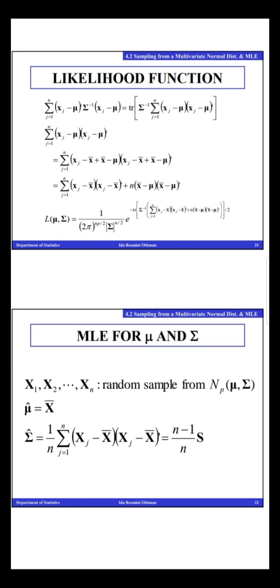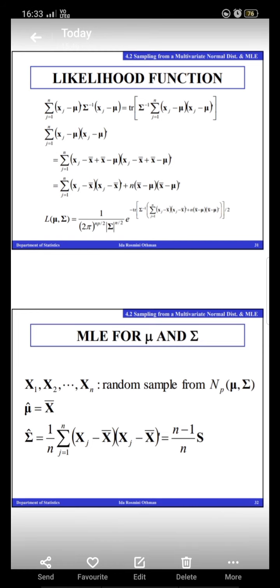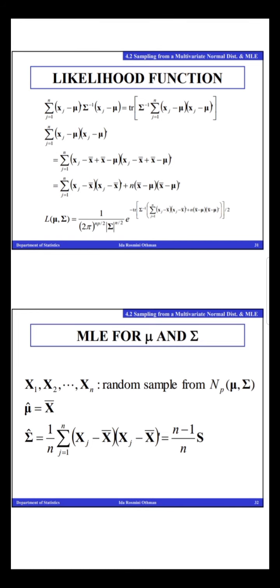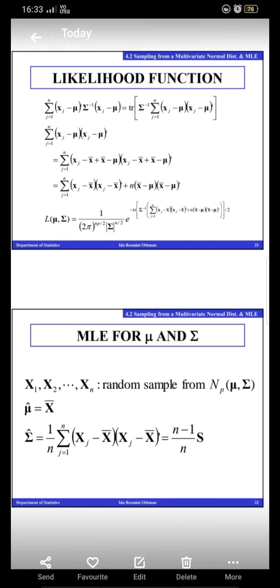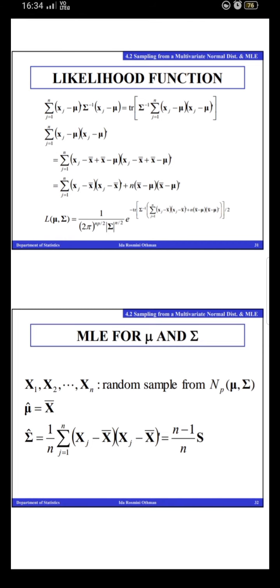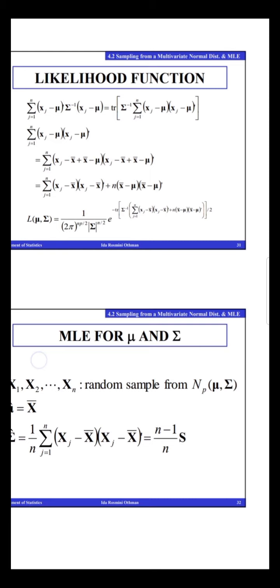If you have the value of the sample variance covariance matrix, you can use this formula. Small n is the sample size.